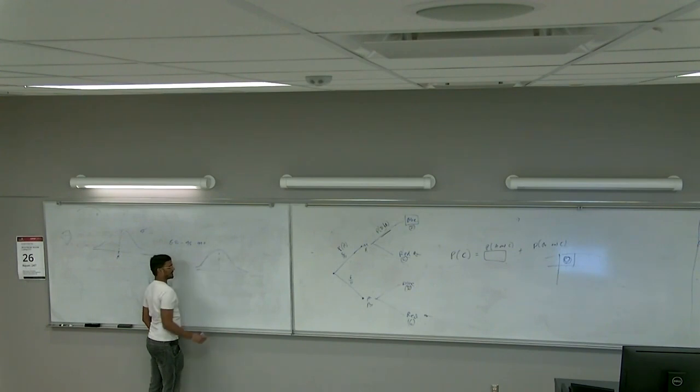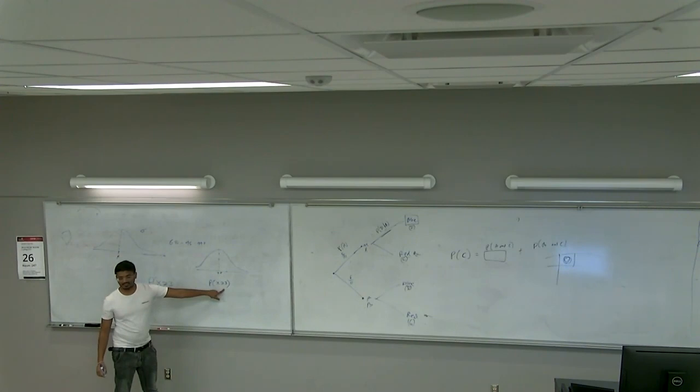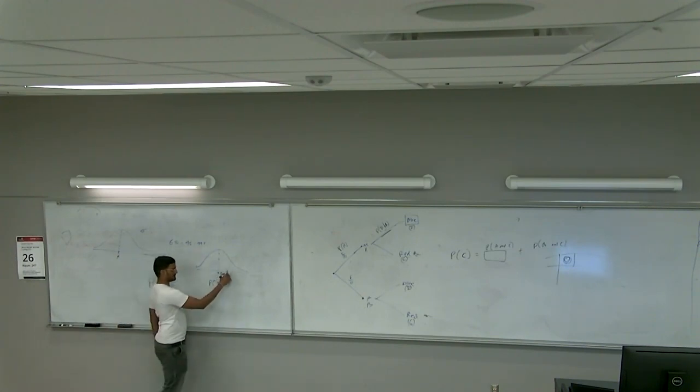One thing you should know is, if they give you a range like this, let's say this is 2.5, and they ask you to calculate the probability when x is greater than 3, you should know how to calculate this area.